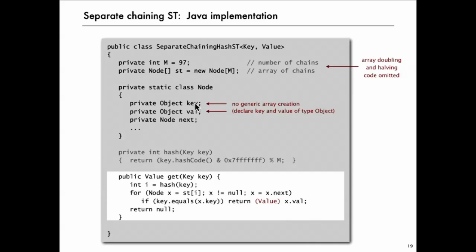Just in terms of implementation details, our keys and values have to be objects because we can't have an array of generics. Since we're making an array of nodes, and a node would have generics for key and value, we have to make them objects, and then when we get things off, we're going to have to cast.